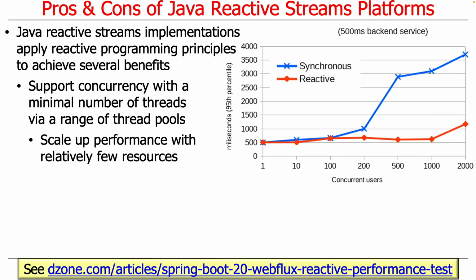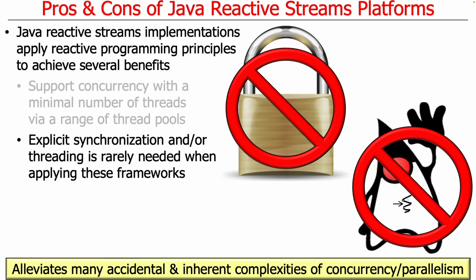Whereas if you do things using asynchronous programming with WebFlux, which is this reactive server-side computing model, you get much better scalability. That's because you don't have a lot of threads running around, you don't have a lot of blocking, and you use asynchrony, and it's just more scalable. So those are some good things you get from using reactive streams.